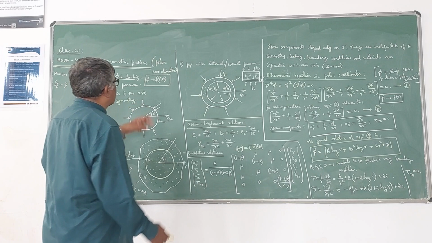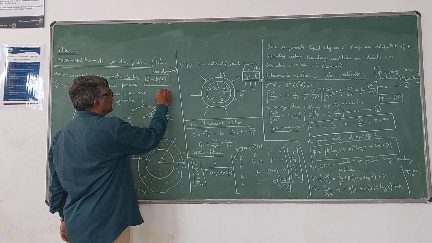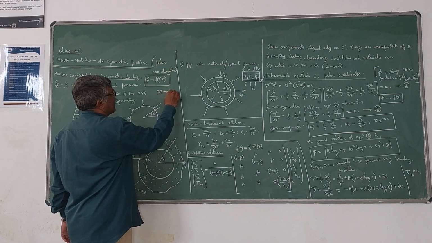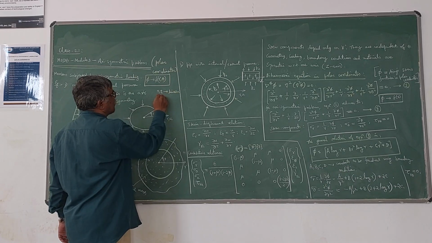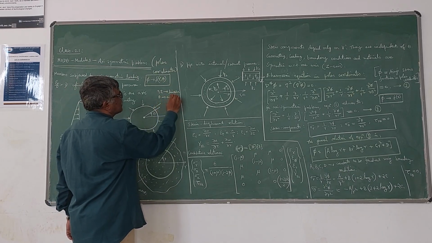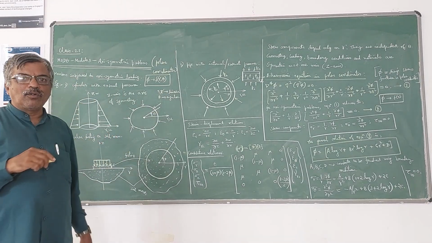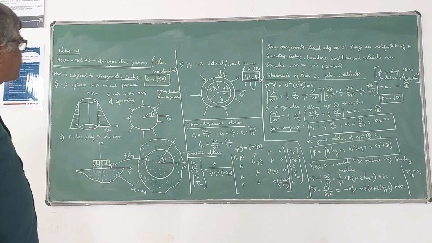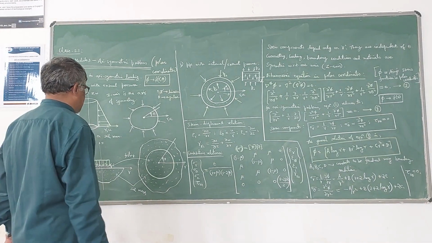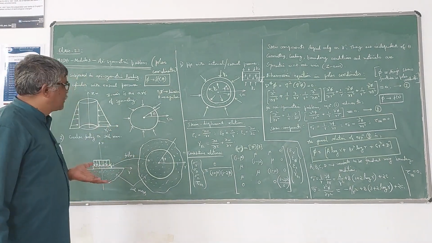So r and z are the linear measurements, whereas theta is the angular measurement. So then it is called cylindrical. Among these three, if you have only two, r and theta, then it is called polar coordinates. So it is independent of z.